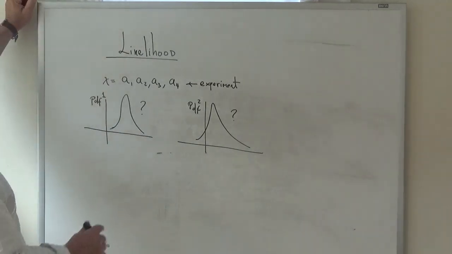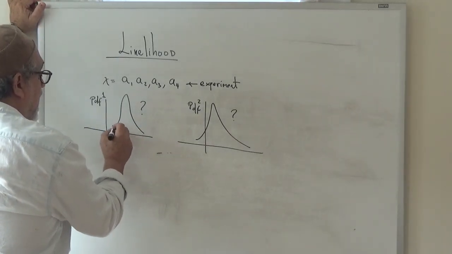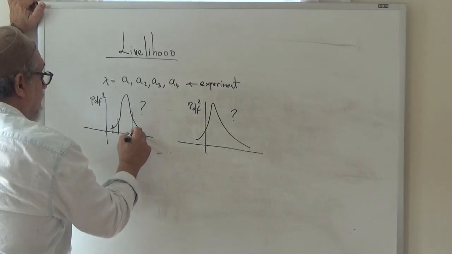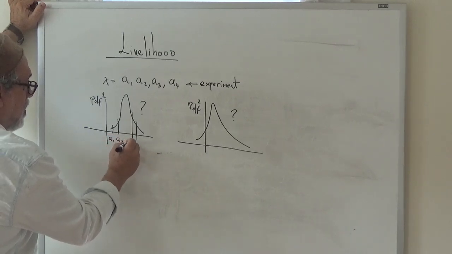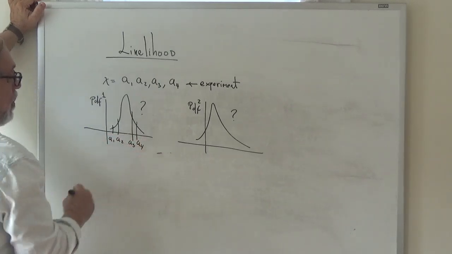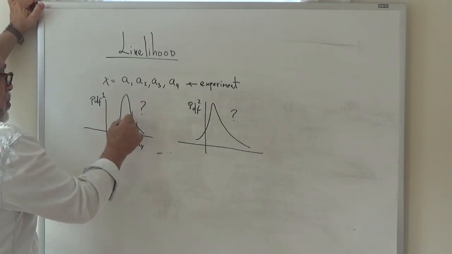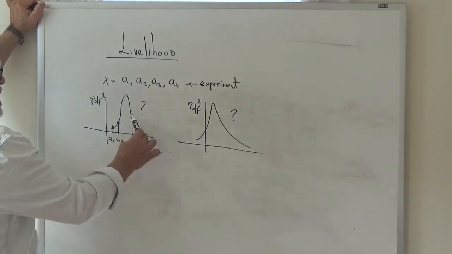Well, we simply say, let's put A1, A2, A3, and A4 over here. So this is A1, A2, A3, A4. And we see that if this was the distribution, then the PDFs associated with 1, 2, 3, and 4 would be these dots.